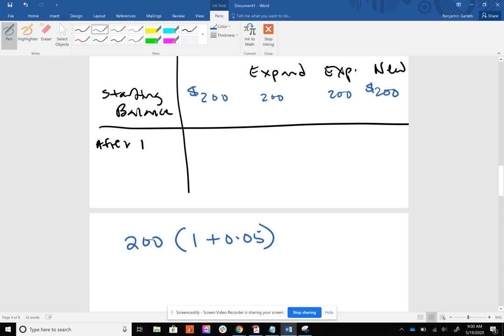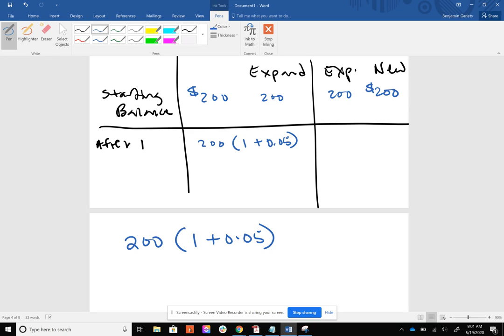And so to write this in its expanded form, we're going to write it like this: 200 times 1 plus 0.05.